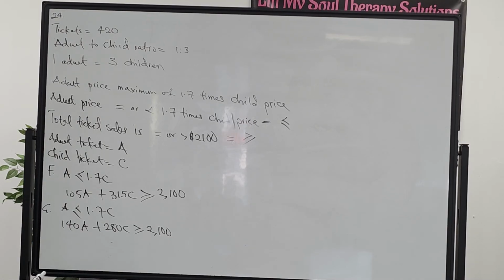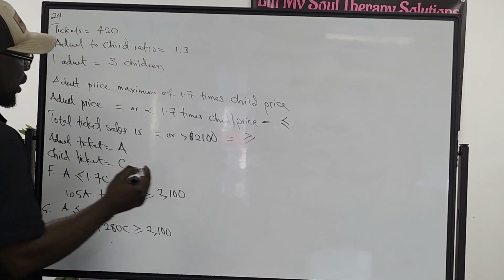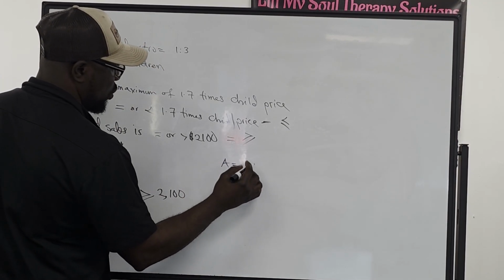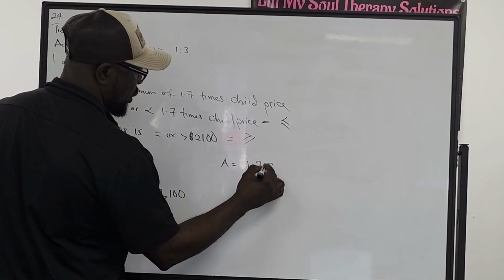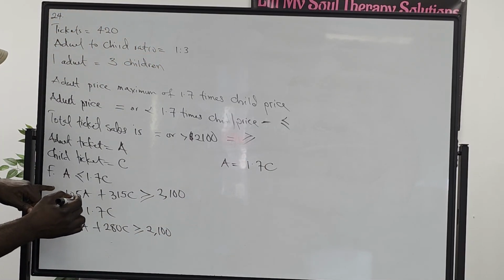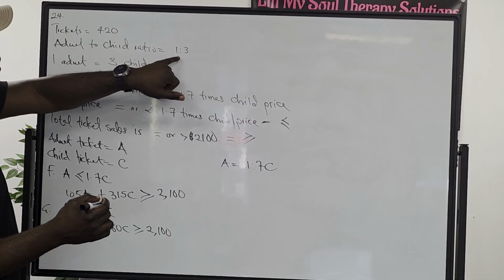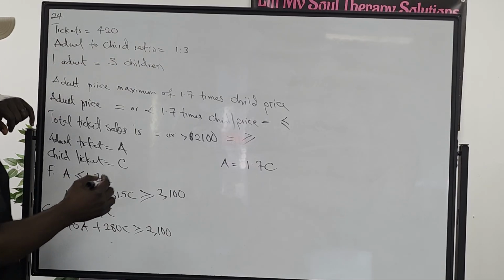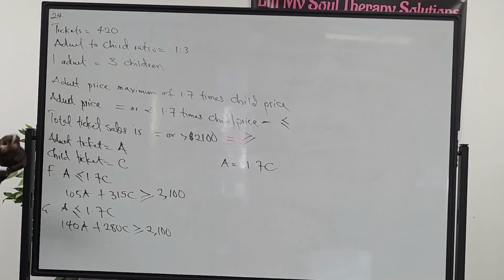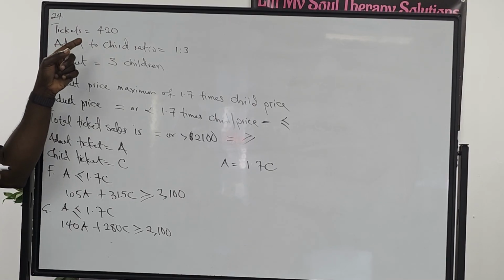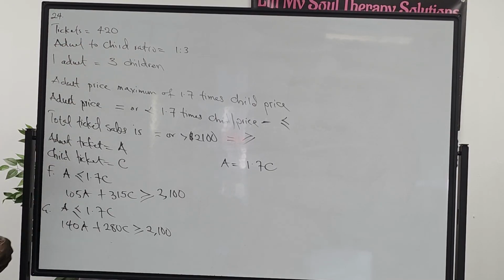Let's assume that the manager is selling exactly at 1.7. So if we're selling exactly at 1.7, we know that A is going to be equal to 1.7C, right? And we know that he has a ratio of tickets of 1 to 3, which means that for every one adult ticket, he's going to sell 3 tickets for children. That's what that means.